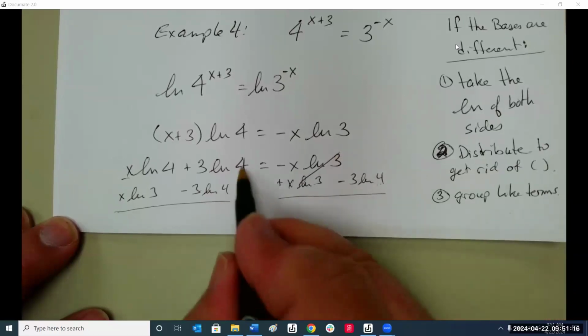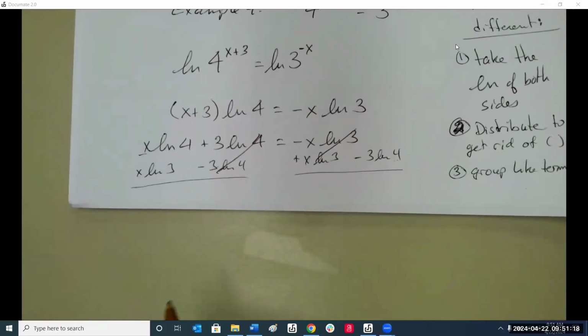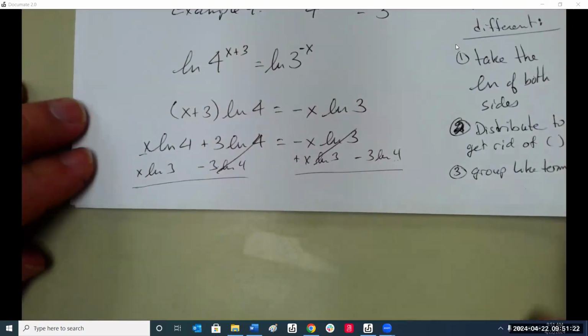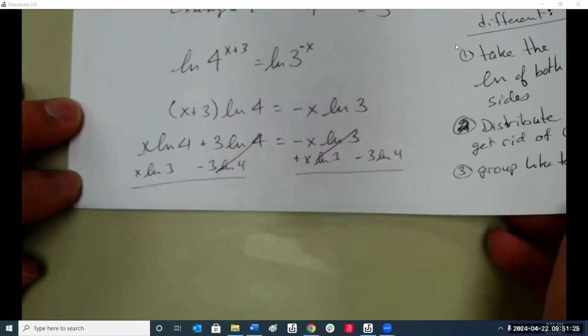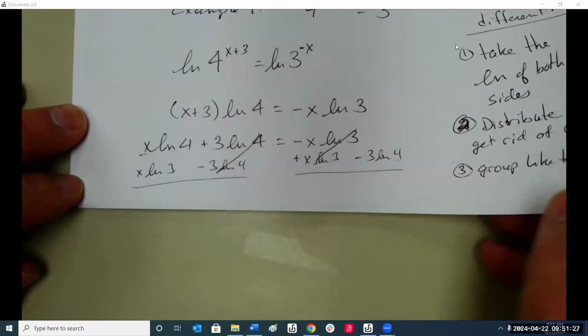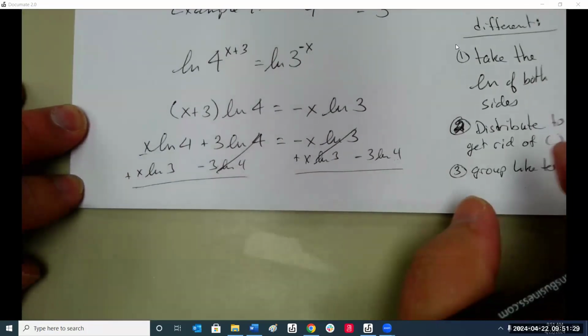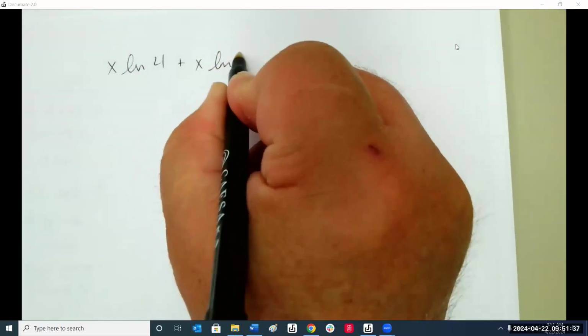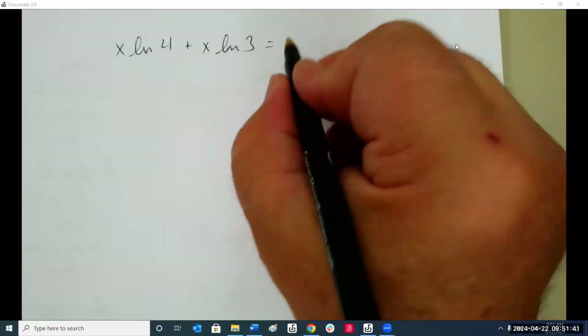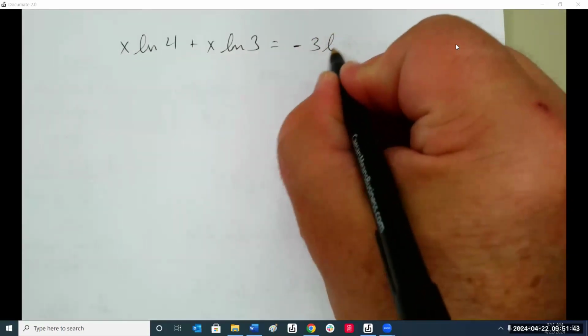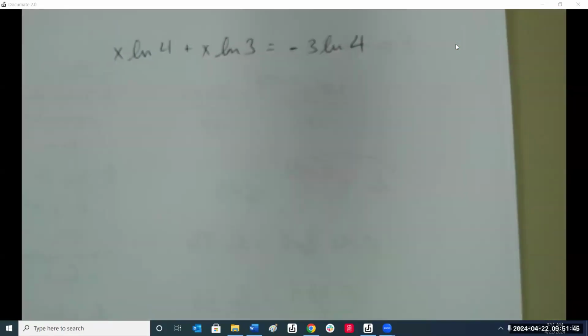So those are gone. So I have x ln 4 plus x ln 3 equals negative 3 ln 4.